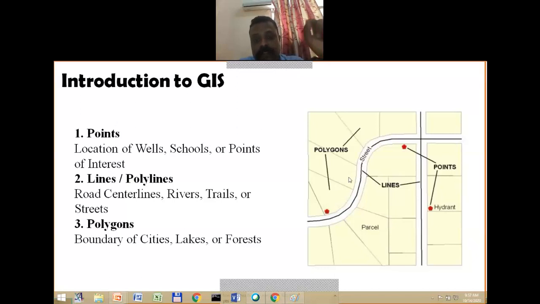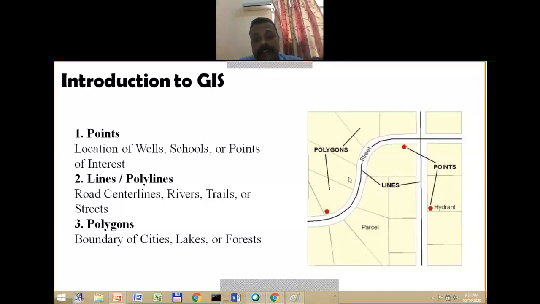That may be my location, that may be somebody else's location. So in GIS, one of the vector models is the point. It may be the location of a village, a pond, a tree, maybe a building. That depends how you want to represent that particular object on the surface of the earth.